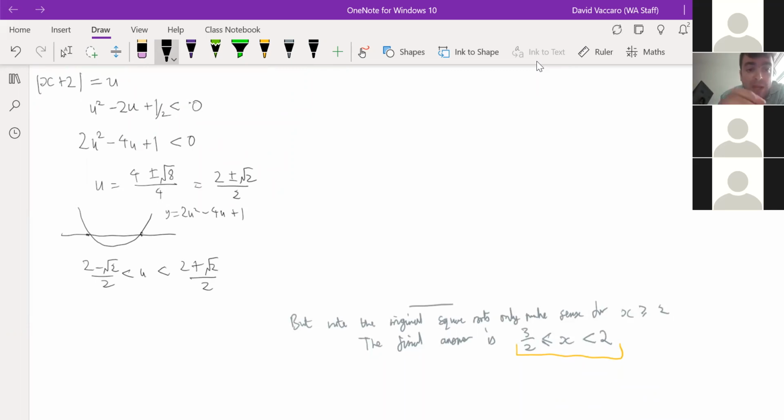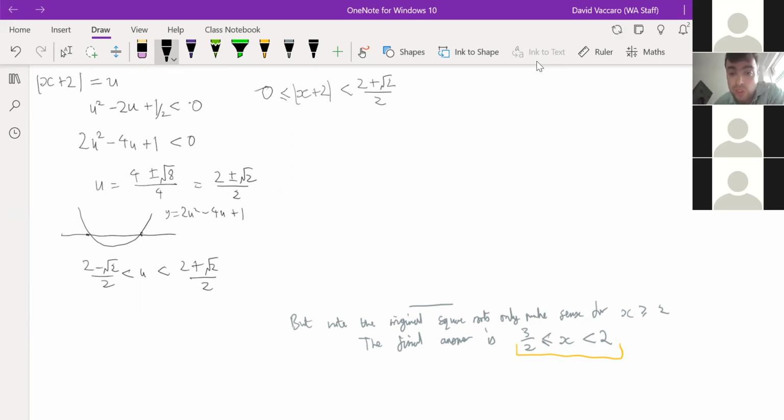Okay, so what do we know about the modulus of x plus 2? We know that it lies in this range. But what's the lower bound for the modulus of x plus 2? Well, the modulus of x plus 2 has always got to be greater than or equal to 0.